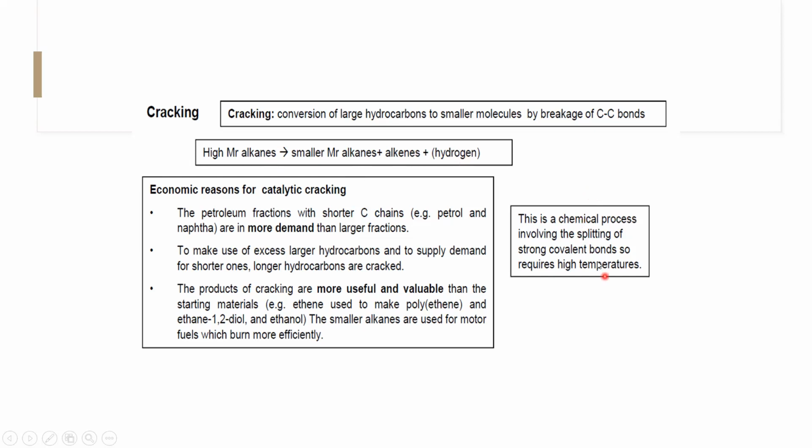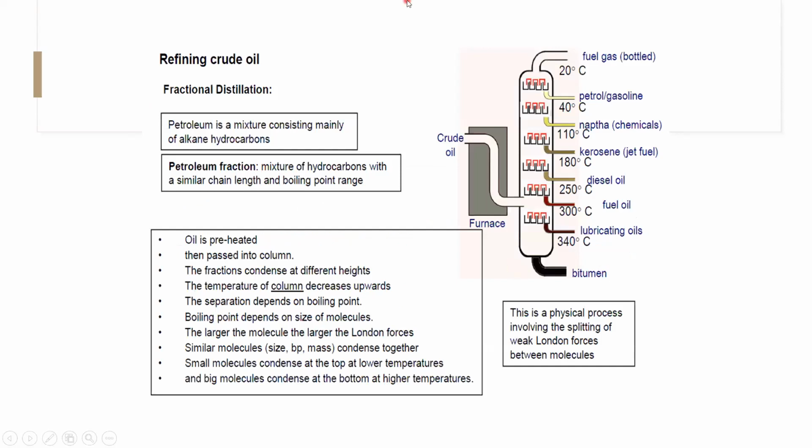This is a chemical process which involves the splitting of strong covalent bonds, so it requires a high temperature. What are the reasons for catalytic cracking, or why do we carry out this cracking? Because petroleum fractions with a shorter chain, for example petrol and naphtha, are more in demand than the larger fractions. So we don't find many uses for bitumen, but we need a lot of petrol and naphtha.